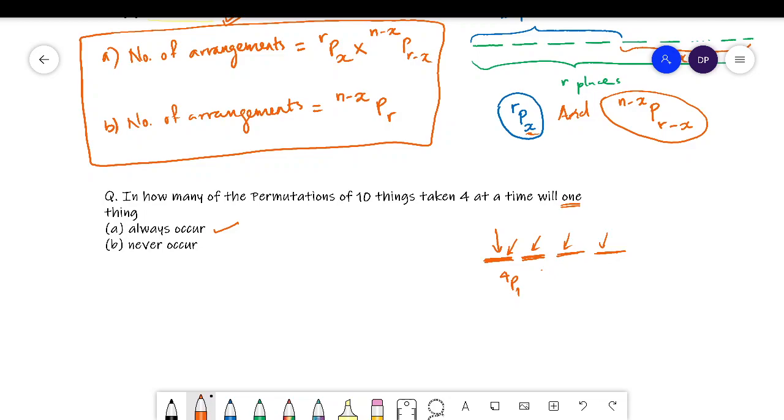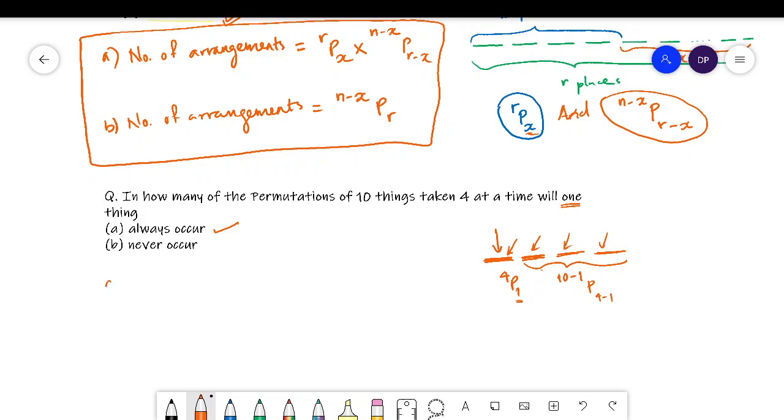Now remaining we have 3 places. I'm not fixing the place, any of the 3 places. Out of 10 things, already one thing has been arranged in 4P1 ways, and remaining we have 10 minus 1 things, and since 1 is already taken out, here 4 minus 1.